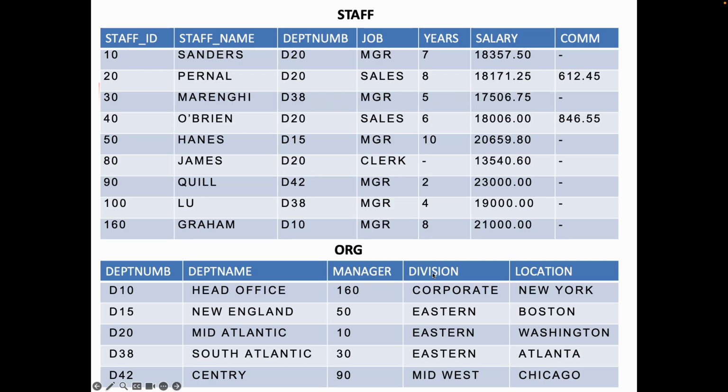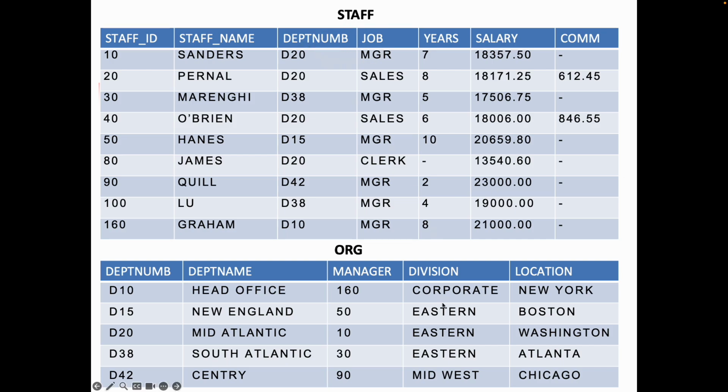So we have to join these two tables because the columns that we want to retrieve are in more than one table. So how can you join them based on what we have learned? You can simply use the where clause. So you select the columns that you want, which are staff name, for example, job, department number and division.